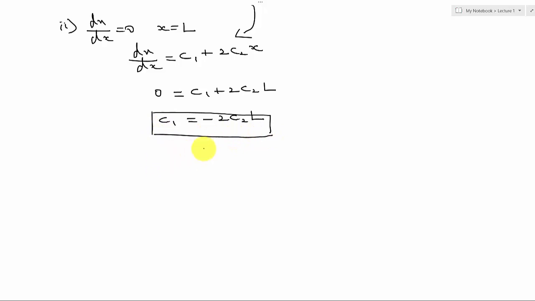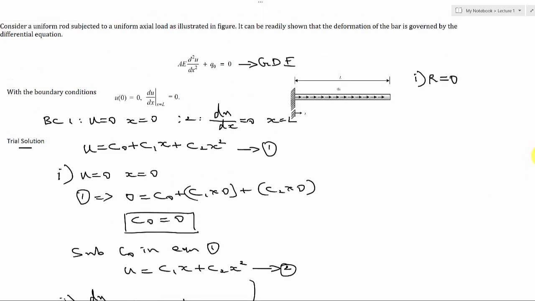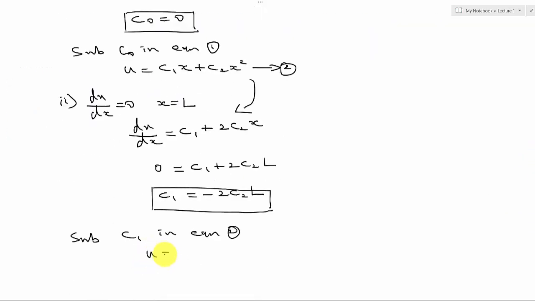Okay. So now I can substitute the second constant, substitute c1 in equation number 2. So here my equation number 2 is u is equal to, in the place of c1 substitute minus 2c2 L plus c2 x square.